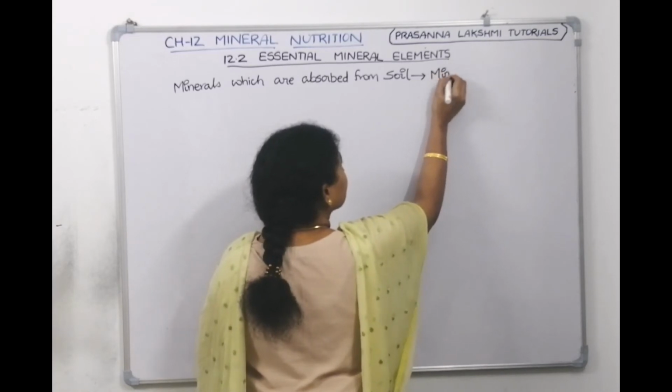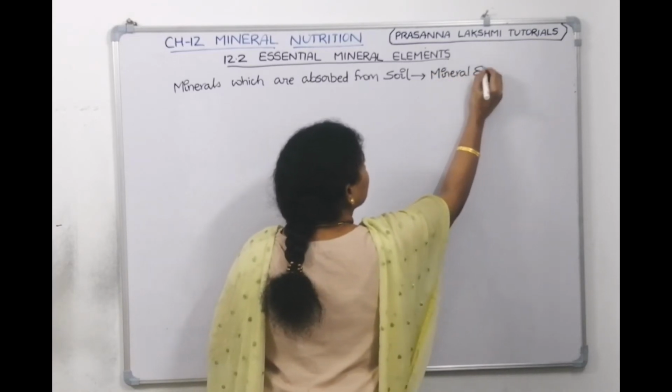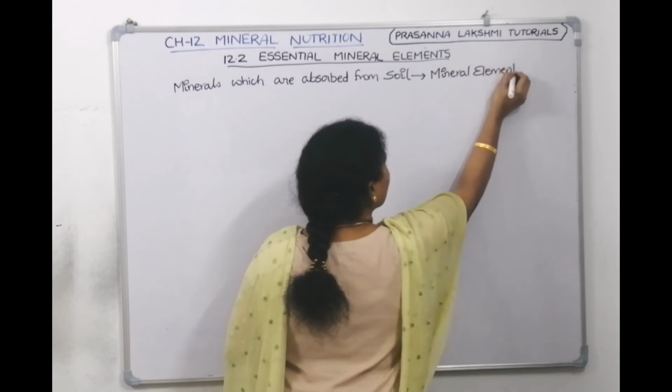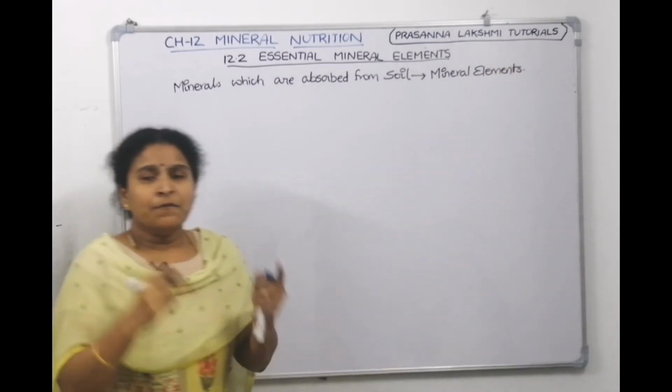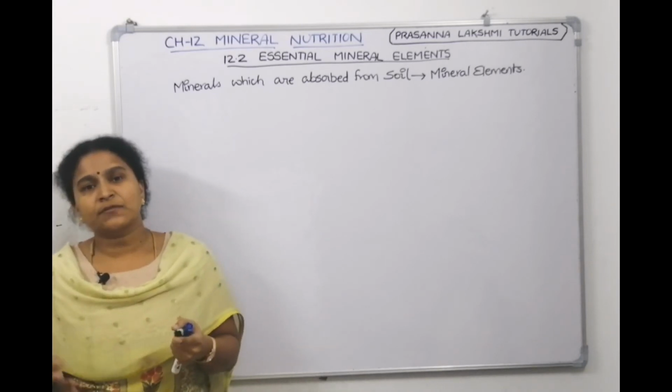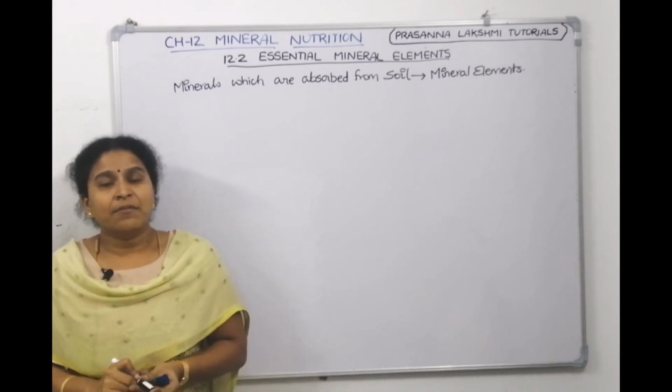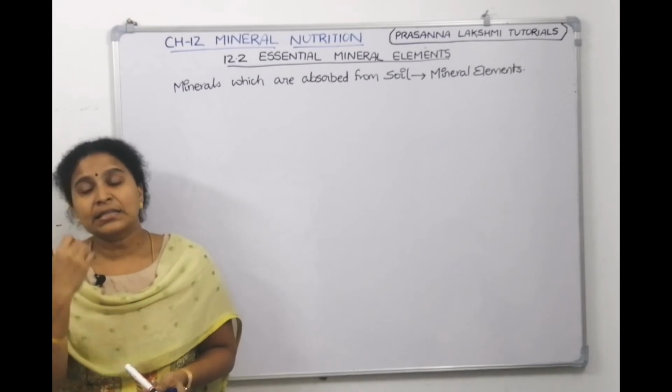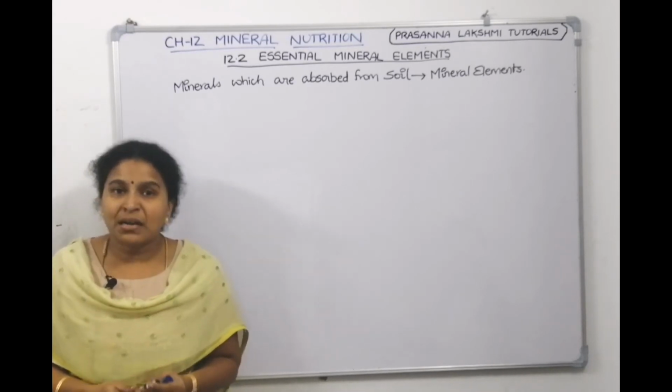Mineral elements. Now, how is soil formed? Pedogenesis, right? From the rock, by the process of weathering, soil is formed. When the soil is formed, minerals are added. Now, from that soil, if the plant takes that mineral, then they are called mineral elements.